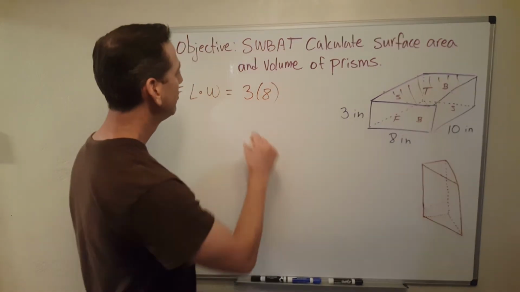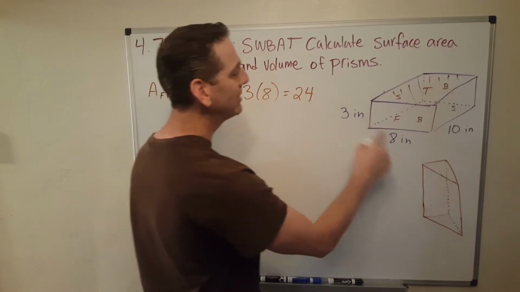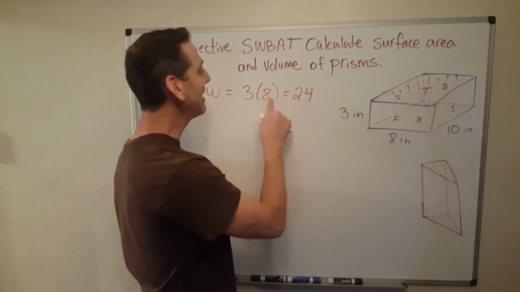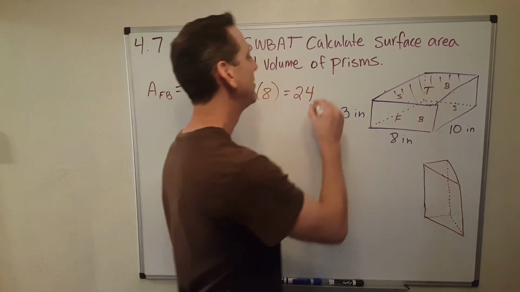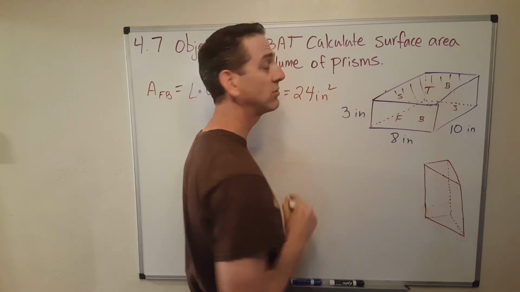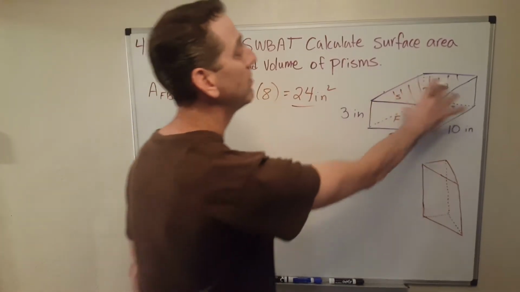So 3 times 8 is 24. Those are inches, so that's inches times inches, which is inches squared. That's not my final answer though, that's just the front and back.